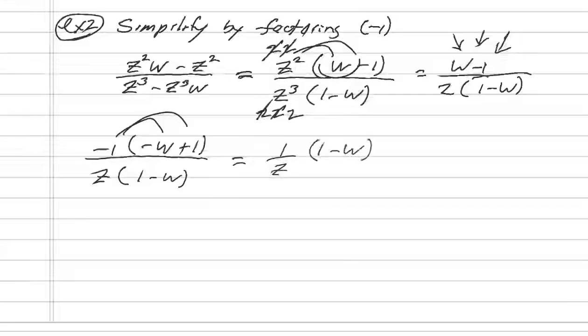I'm just switching them around because the w is negative, the 1 is positive. And on the bottom I have 1 minus w, just to show you real clearly that those are the same. So since you have factors on the top and bottom that are the same, they cancel out, and that will then leave you with 1 over z. So that would be your final answer.